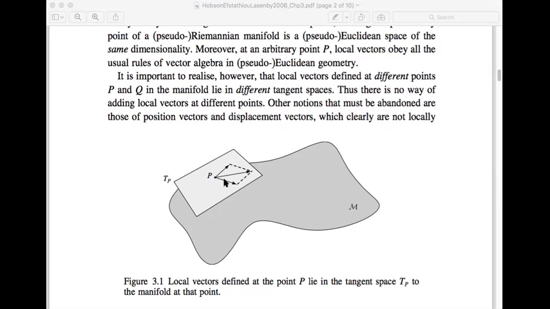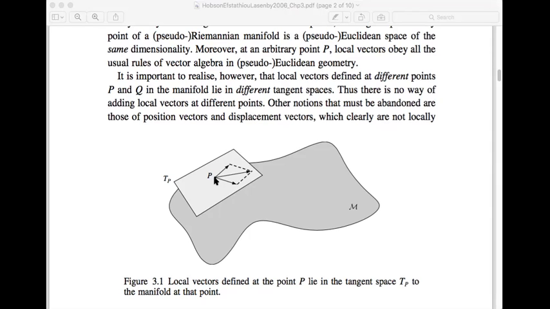And so then we're back to familiar territory, and you can define vectors in your familiar way. In fact, you could think of this plane as consisting of the ensemble of all the vectors. But the key thing is those vectors exist at the point P.